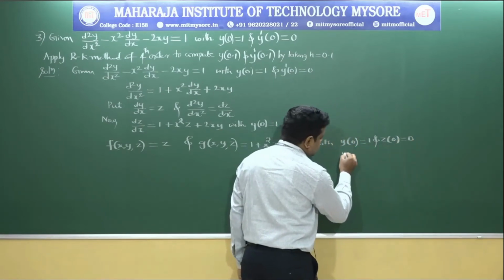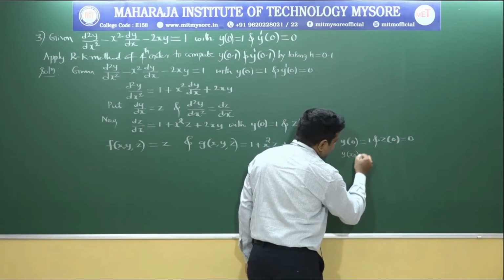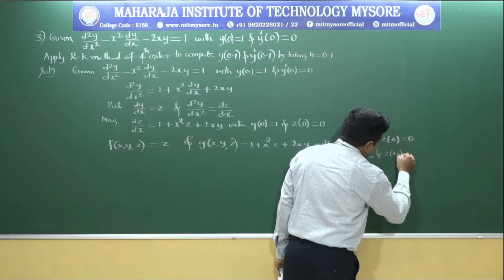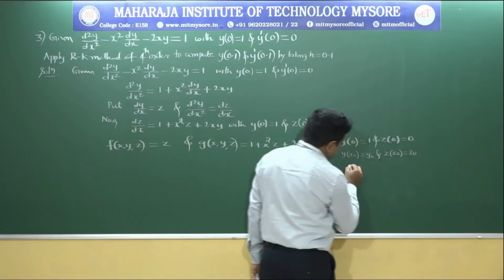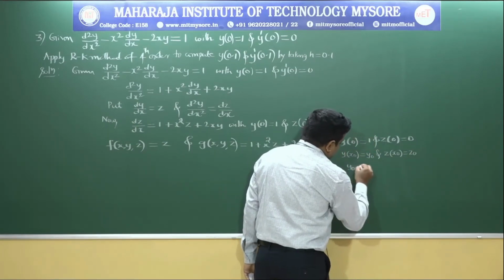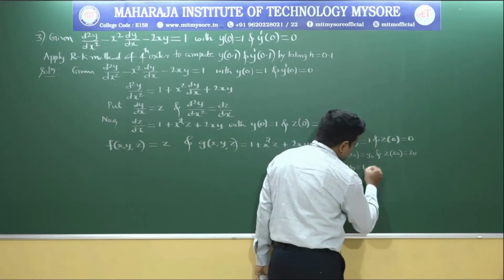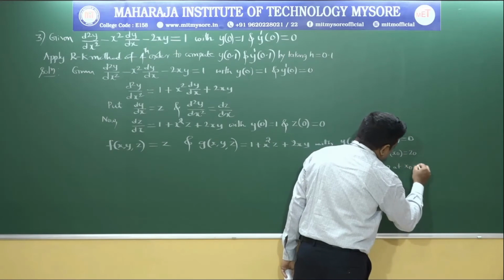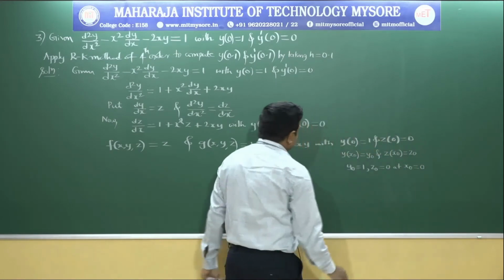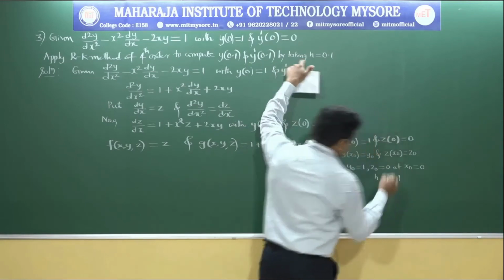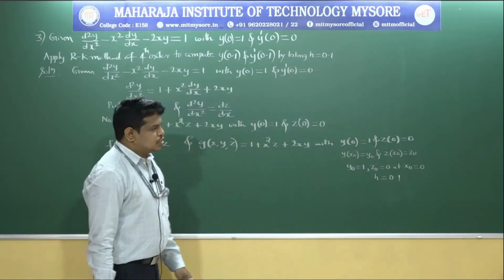On comparing the initial condition with y of x naught equals y naught and z of x naught equals z naught, we get y naught equals 1, z naught equals 0 at x naught equals 0, given h equals 0.1. They have given h equals 0.1.